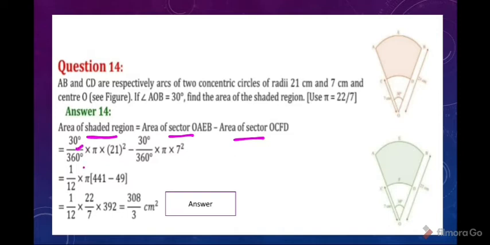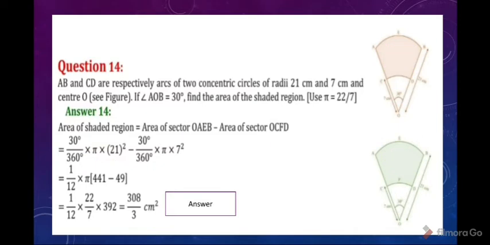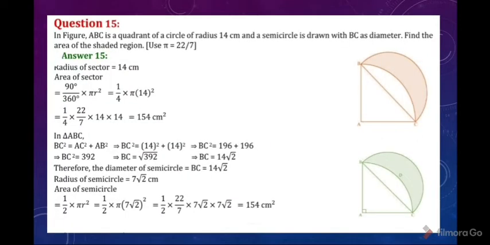So 30 by 360 into pi into 21 square is for the bigger region, and minus this one is for the smaller region. If you subtract, you will get the area of the shaded region, which will be 308 by 3 centimeter square. In this way you have to solve question number 14.